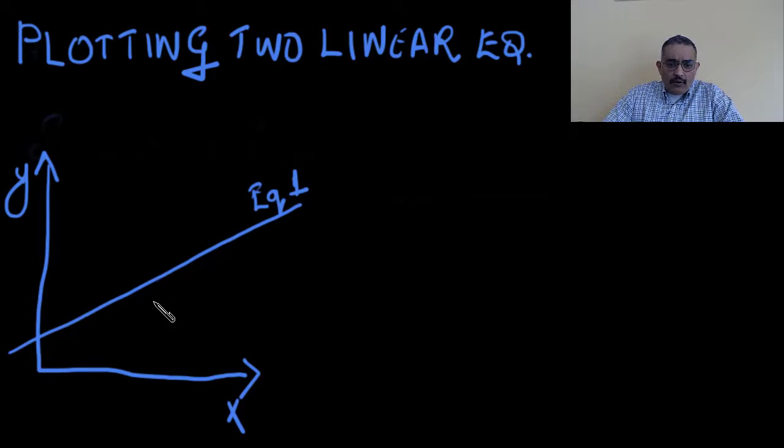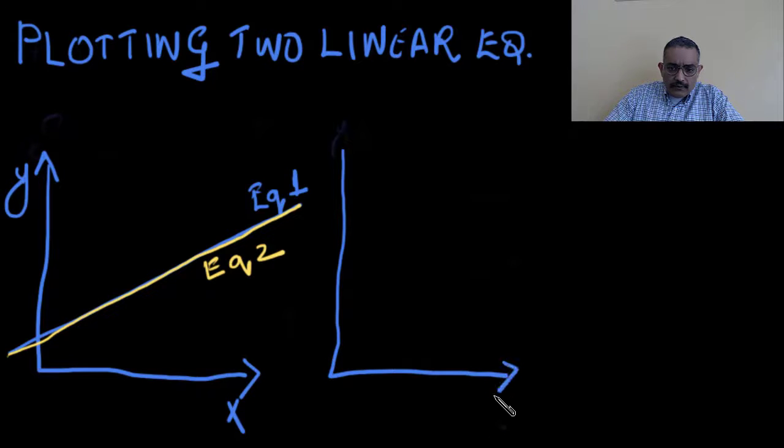Now when we draw the second line, let's use a different color, right? The first possibility is that it will come exactly along this line. So the second equation comes on the same line as the first equation. That's the first possibility.